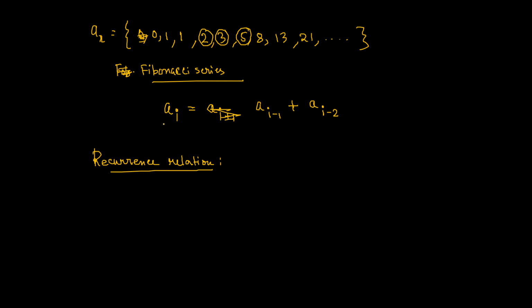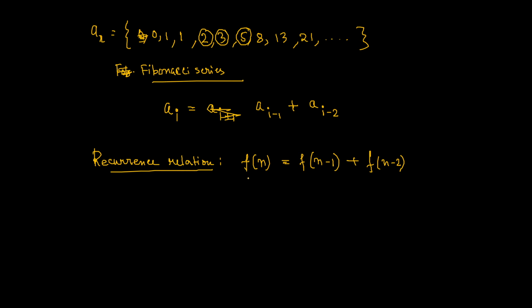So the recurrence relation for this particular discrete numeric function can be written as f of n equals f of n minus 1 plus f of n minus 2. You can say that this is a recurrence relation for the Fibonacci series.